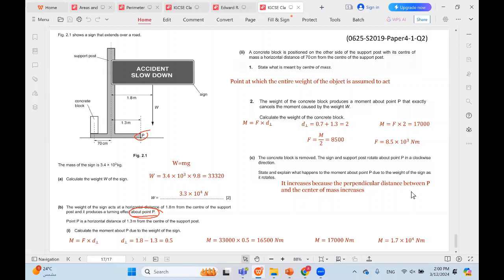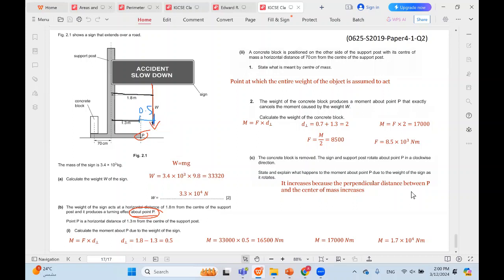Calculate the moment about P due to the weight of the sign. So the weight here is vertical, and we want the moment, so we want the horizontal distance here. We want this distance here. And this distance is simply 0.5 because it is 1.8 minus 1.3, so it's 0.5.